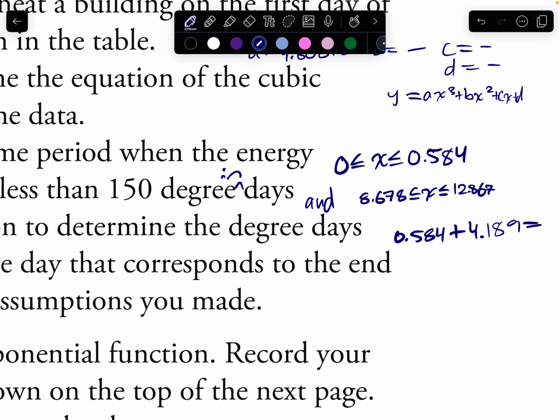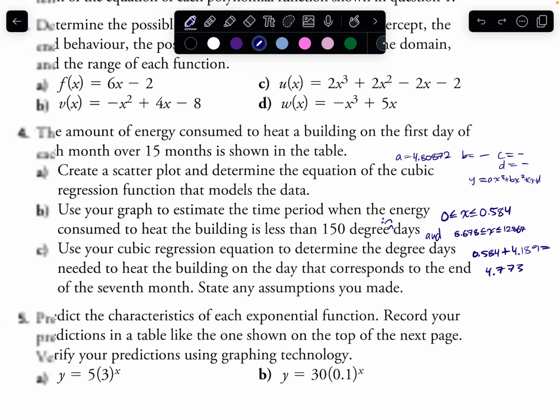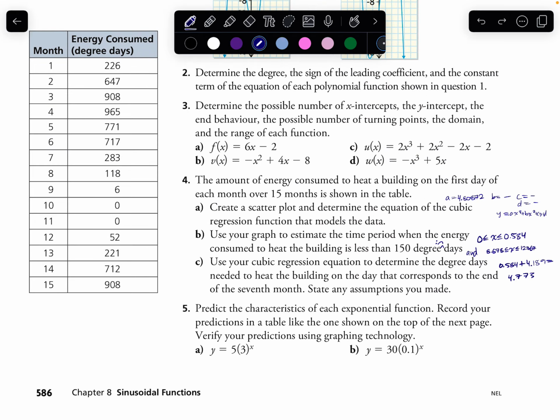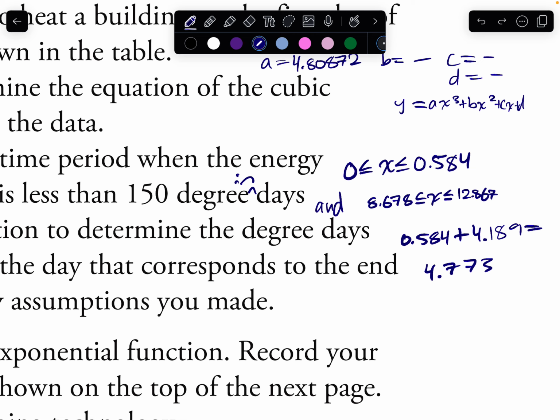And so our total time period is going to be 4.773 days or months? Oh, months. Which means this is actually wrong, not in days, sorry.